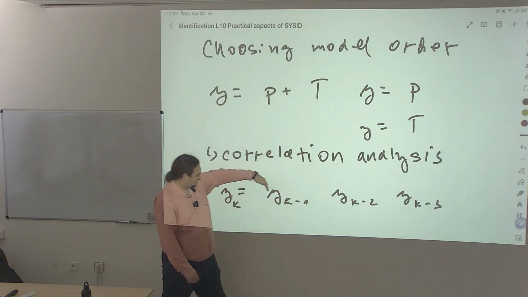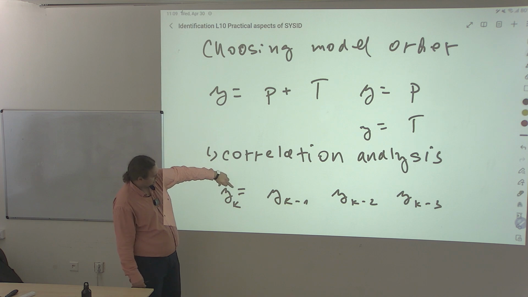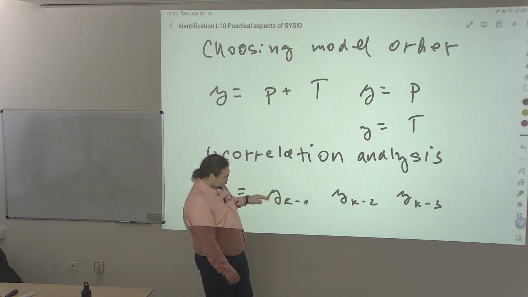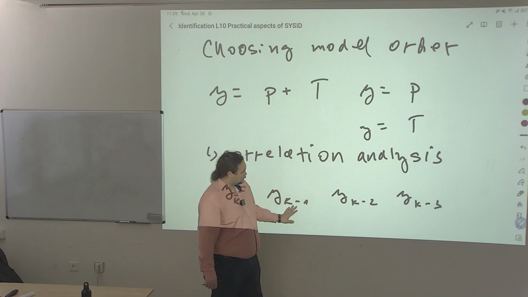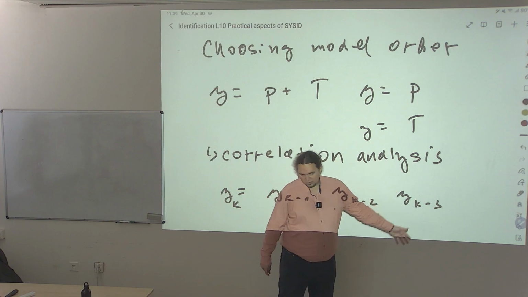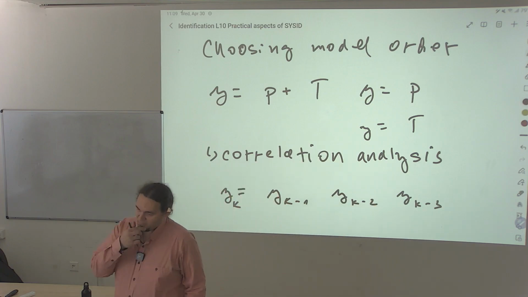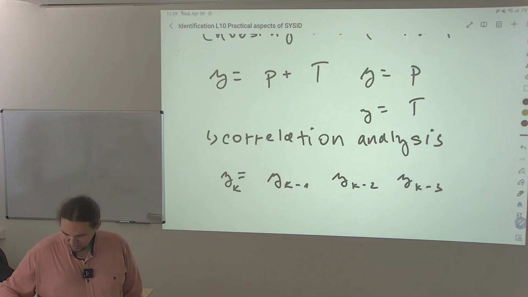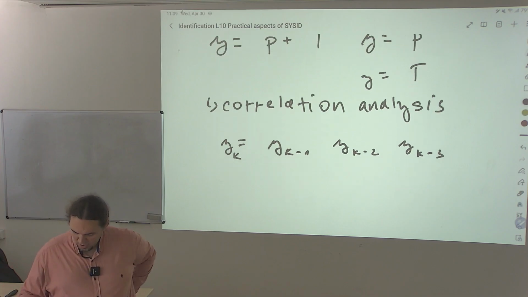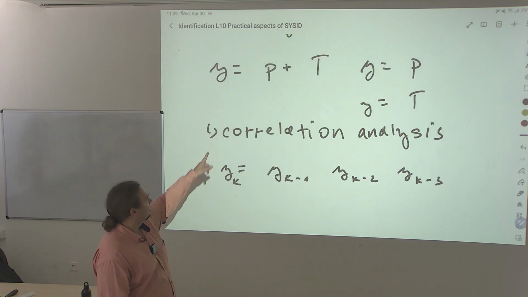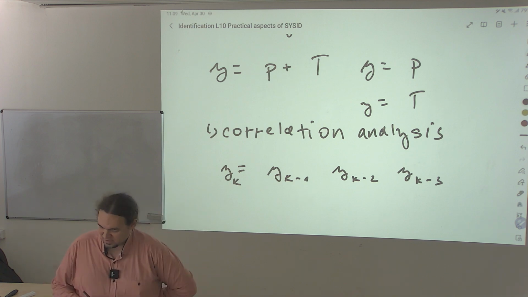We just need to select what past values our model would include. Let's say the first and second sample to the past, and not the third one. Which one should be omitted? And correlation analysis can really help here, but it's not as easy as it was in the case of static systems.